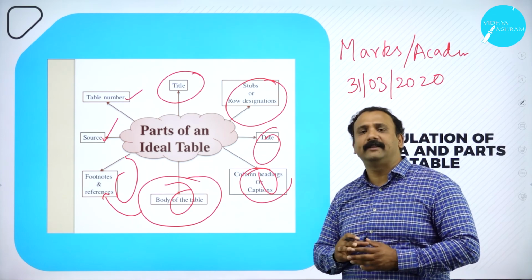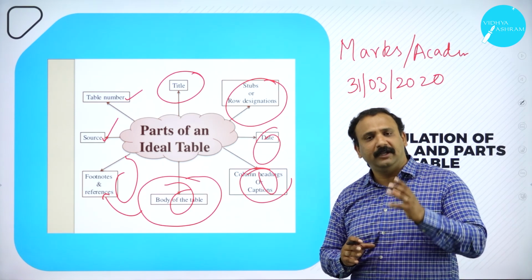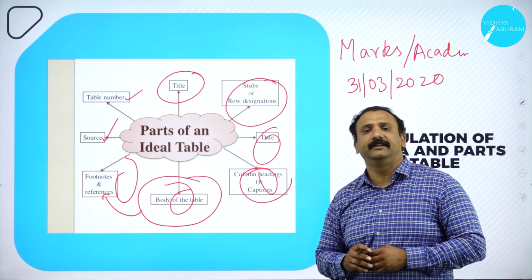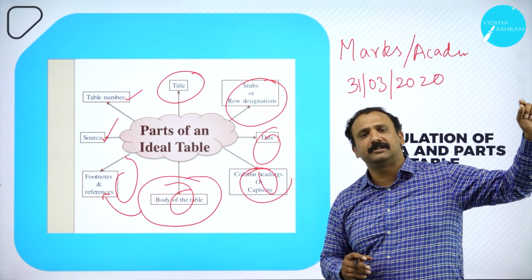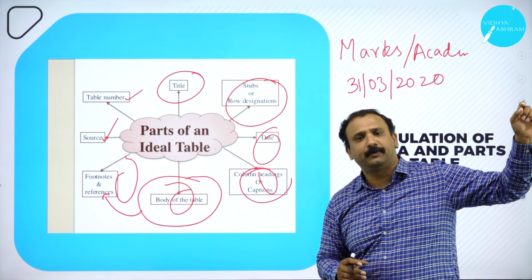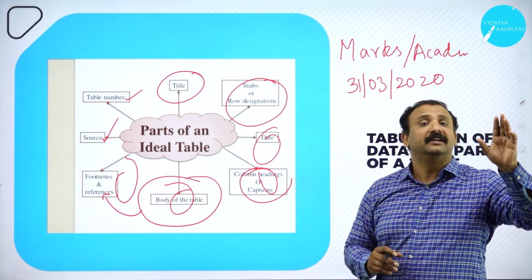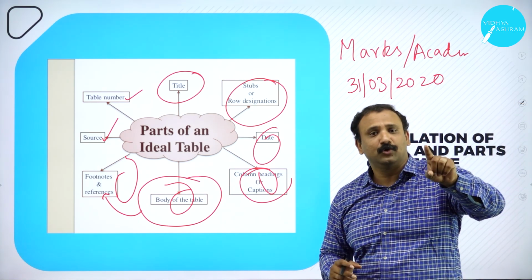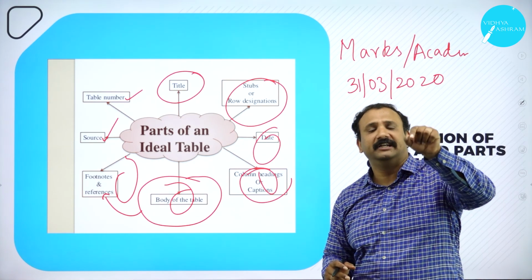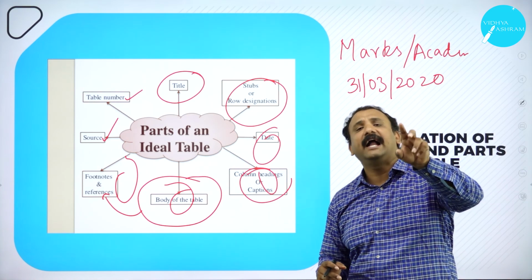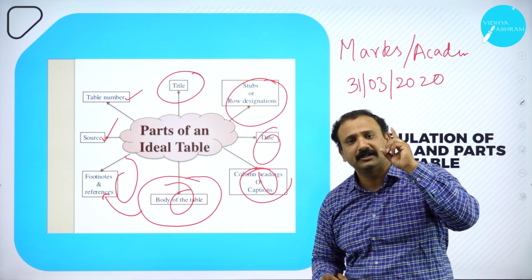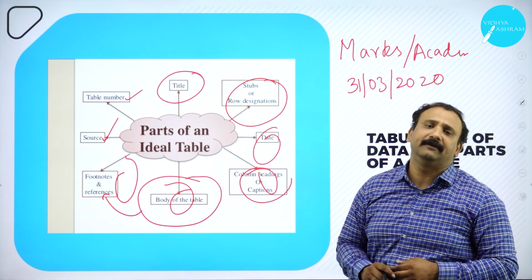So we need to take the help of references, and put it in the columns down, saying that this data was taken from this publication or this particular journal or this particular paper altogether. The reason is that it shows your genuineness in presenting the data, it shows the credibility factor, and tomorrow it will also be a source of reference for you at any given point of time.